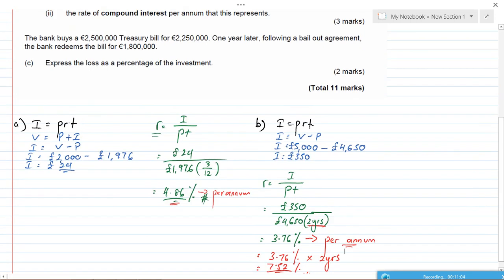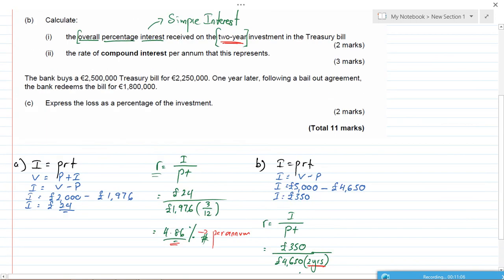Okay, so this is going to be your part B1. Let's go into the part B2. The rate of compound interest, again compound interest per annum. Be careful.